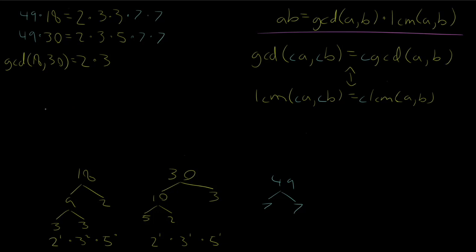So for our new GCD function of 49 times 18 and 49 times 30, it's going to share 1 pair of 2s, and then they share 1 pair of 3s, and then they share 2 pairs of 7s.